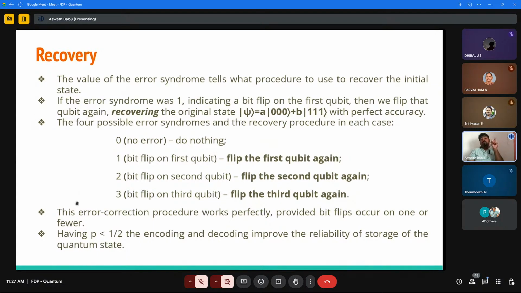If more than 1 qubit is flipped with more than 50% probability, then I'm in trouble. That situation I'm not considering here. I'm only considering the situation where only 1 bit is flipped with a probability of half or less.